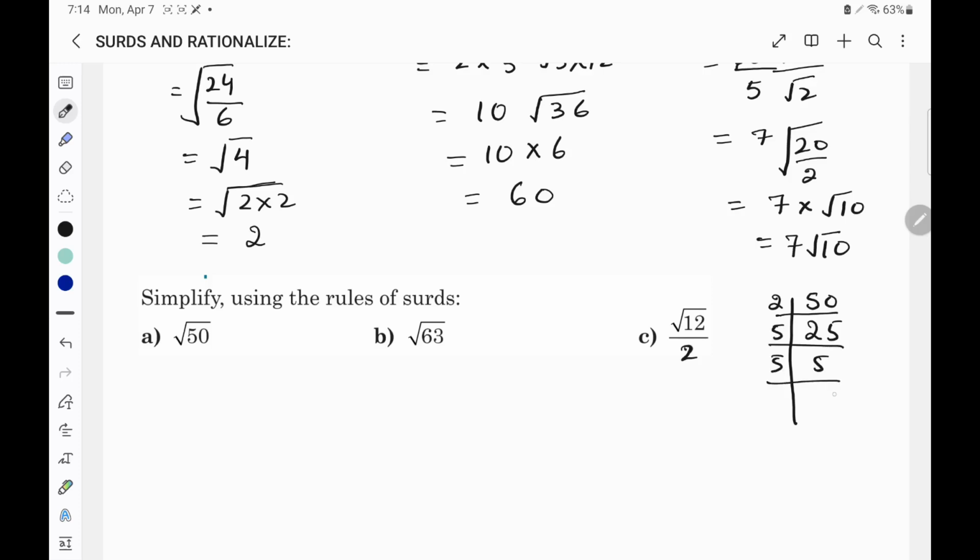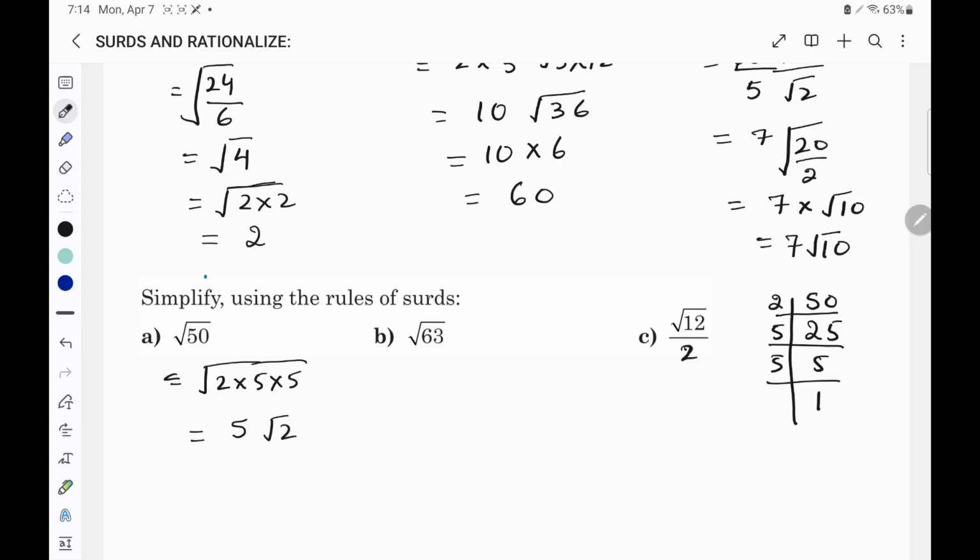You can find it with the help of prime factorization also, and either you write down 25 times 2, or you can write down 2 into 5 into 5. The 5 and 5 together, multiplying twice, will come out from the surd. 5 square root 2 is your final answer.